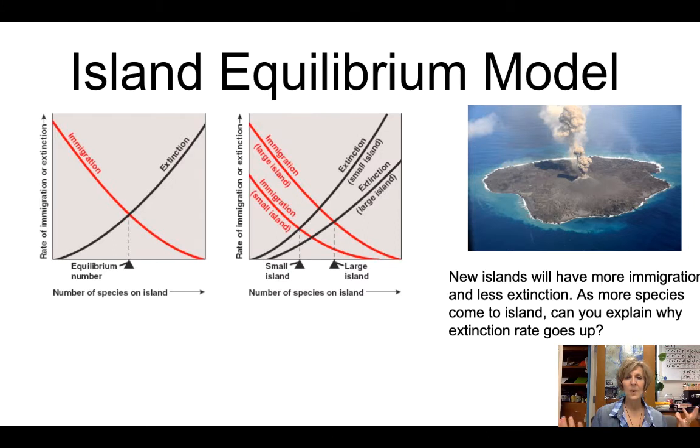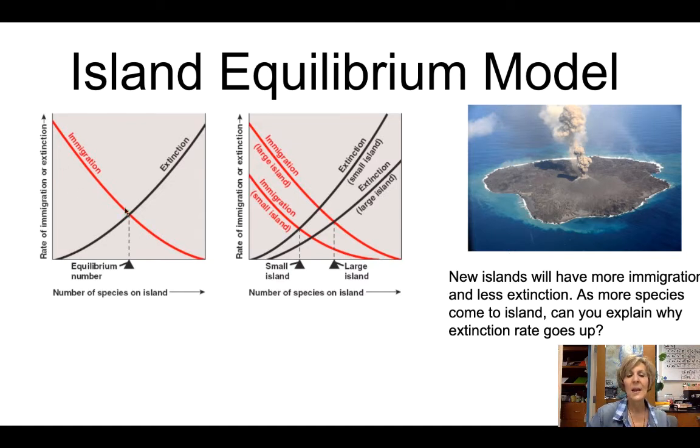So we end up with this equilibrium model. We have immigration, which is the number of species that are coming in from the mainland, and then we have extinction of the species that are on the island, right? You get too many new things coming in, and you're going to have more of an extinction rate.